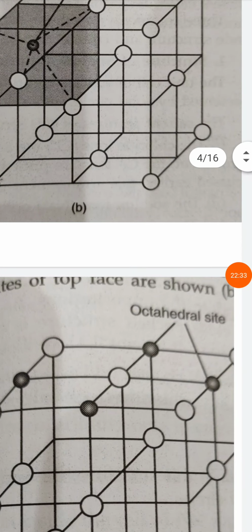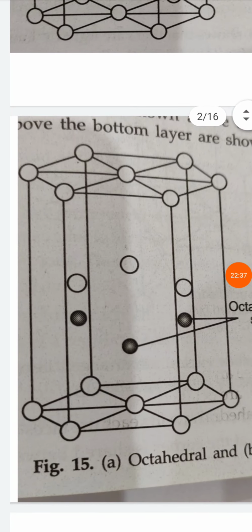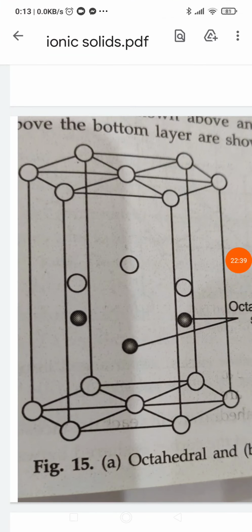In the HCP arrangement, the octahedral and tetrahedral sites are shown in the figure, and we have learned earlier that the second layer in HCP arrangement is made by placing atoms on the alternate triangles in the face. For example, the B layer is formed by placing atoms above the triangles marked with crosses.